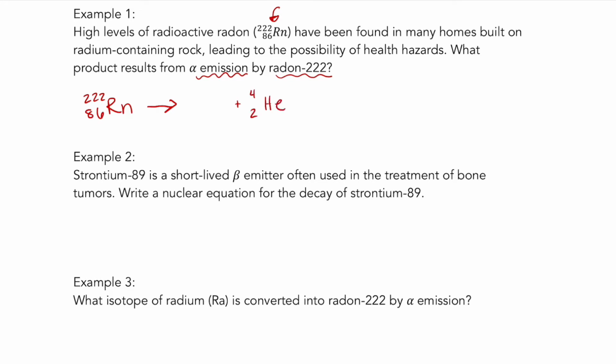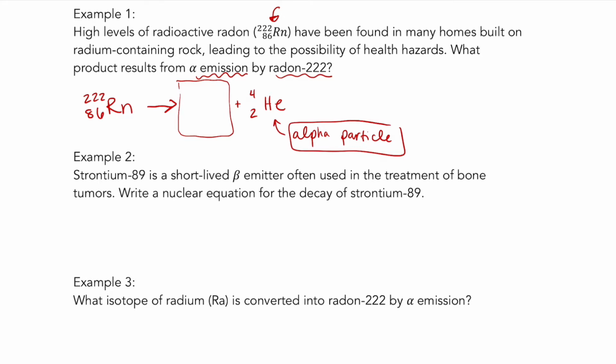That means I know that there's going to be this helium nucleus here, because that's the alpha particle. Right? So now the answer to the question is, what's the product? What goes in here?